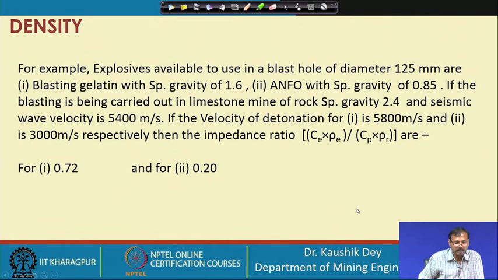how the density is basically influencing the impedance. So, for example, consider the explosives available to use in a blast hole of diameter 125 mm, as we got in the last problem, and we are using the same blasting gelatin of specific gravity 1.6 and ammonium nitrate fuel oil of specific gravity 0.85.